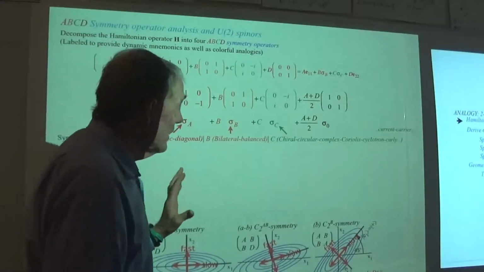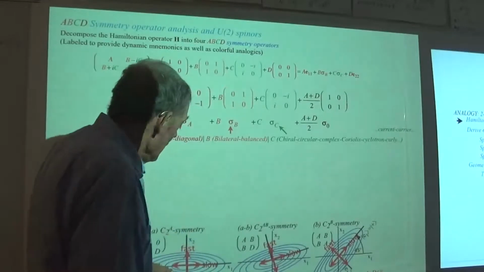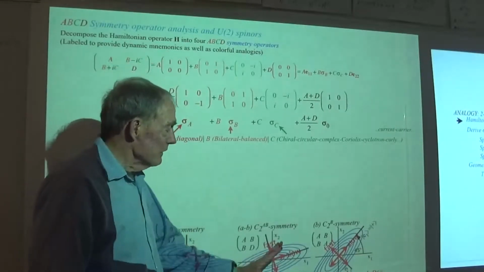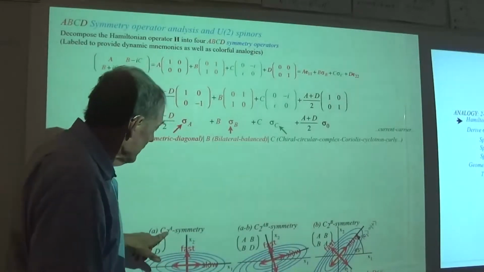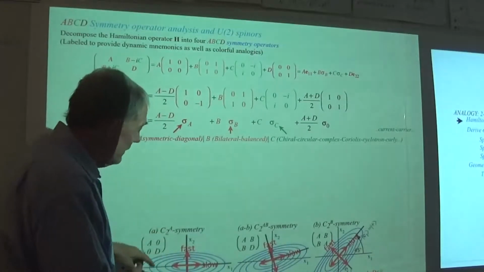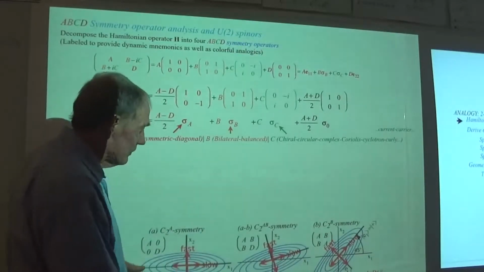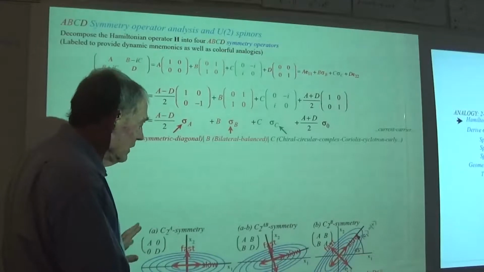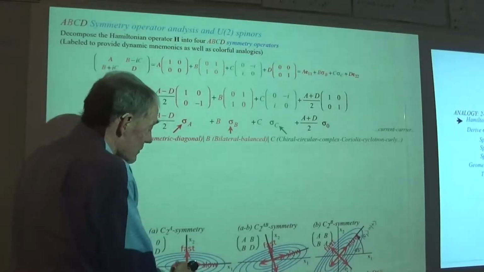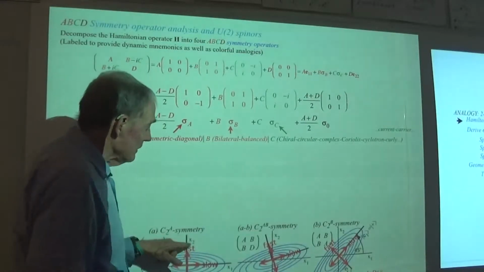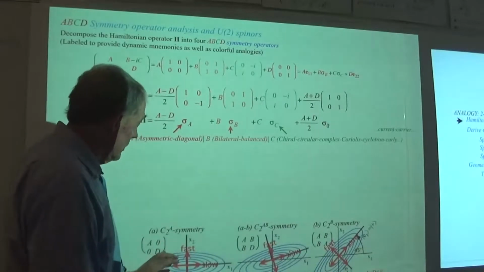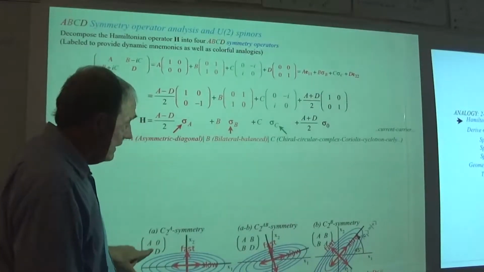Now, if you don't turn on that C, then this is what we'll be working with. This will be what asymmetric diagonal looks like. That is, it has a fast axis and a slow axis for oscillation. They happen to be on the Cartesian coordinates, so there's no coupling between x1 and x2 for this one. It's got zeros off diagonal.